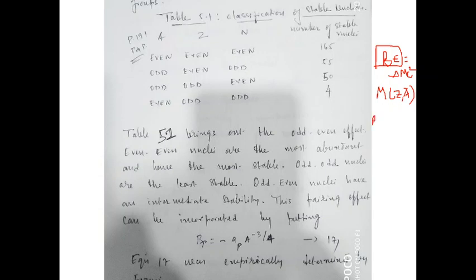One is the volume term, then we have discussed the surface term, and then we have also discussed the asymmetry term. Sorry, the Coulomb term we have discussed, and the last term which I discussed in the previous lecture is the asymmetry term.